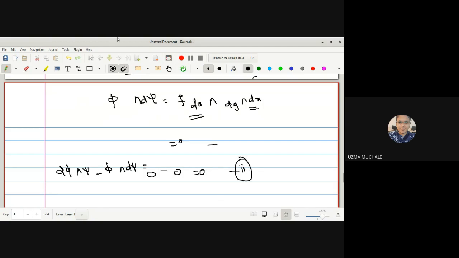From equations 1 and 2, we can say LHS is equal to RHS. But this is true only in the first case. We have to do the same thing for the second case. Actually, the second case is a very lengthy one that we will do in the next lecture.